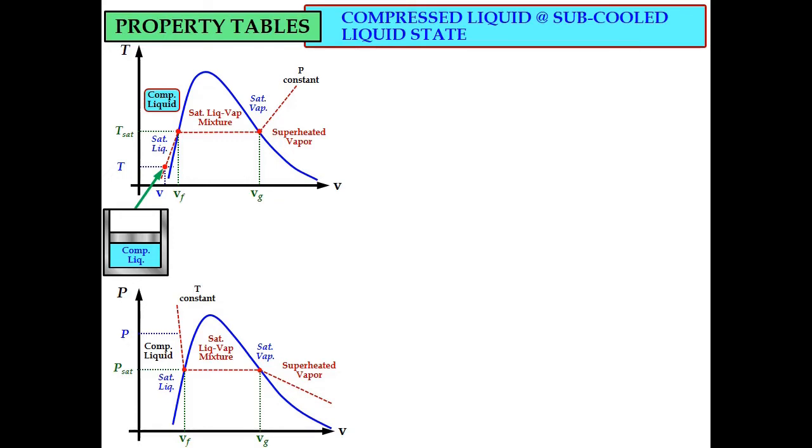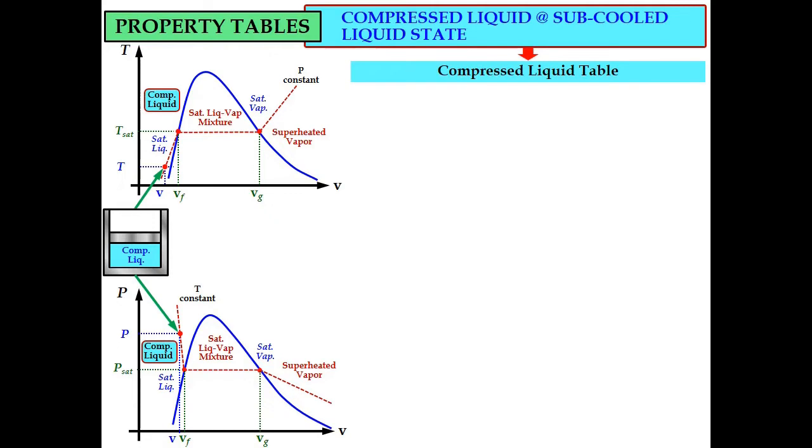The intersection point between the horizontal line for the given pressure and the constant temperature line will be within the compressed liquid region, and we will have specific properties for that point or state. So the region is compressed liquid.